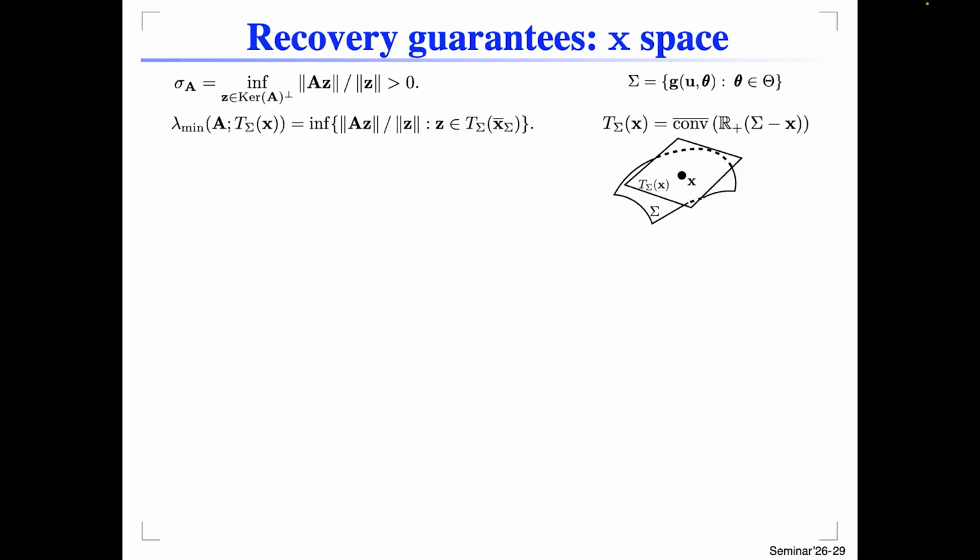So here's what we're going to do. I know that I have my neural network, with theta here, which has been optimized. So U is fixed. The output of G for all possible thetas, I'm going to call this a model space. You can just see a neural network as a parameterized function, and the parameters of these functions are theta.